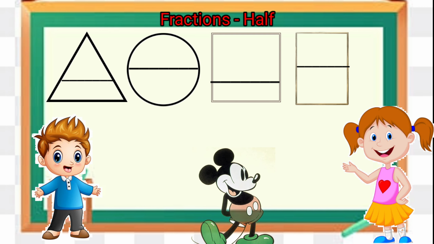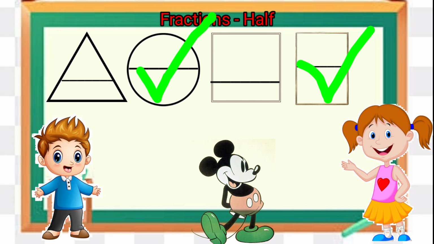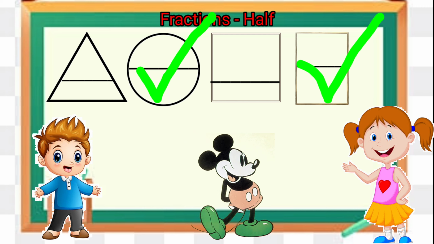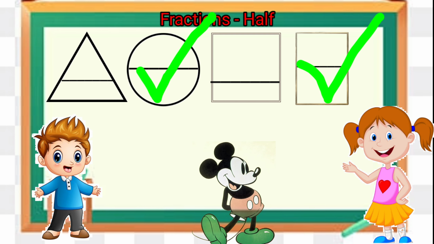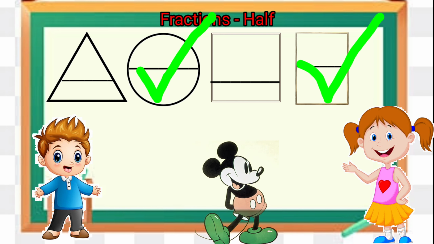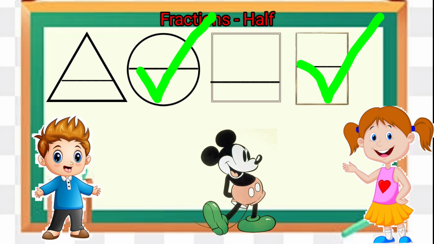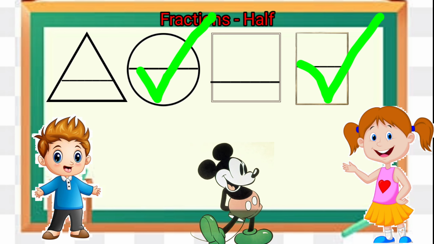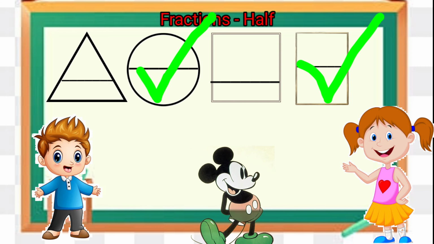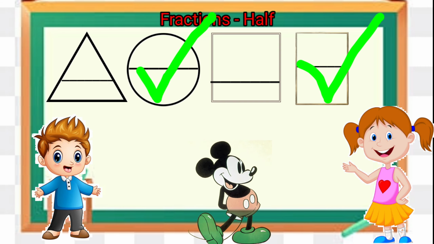So let's start. That's good. So when we are studying about half fraction, we have to keep in mind that anything which we have, we should divide it into two equal parts.